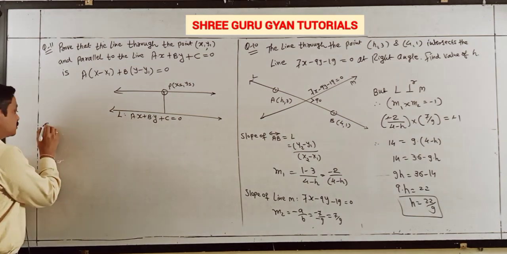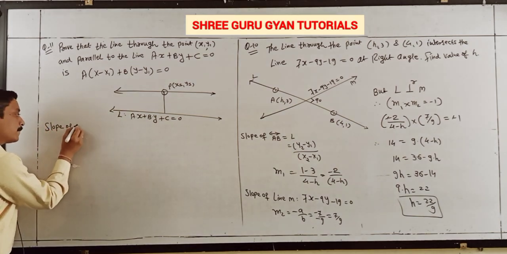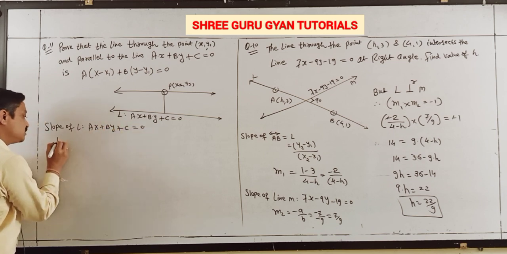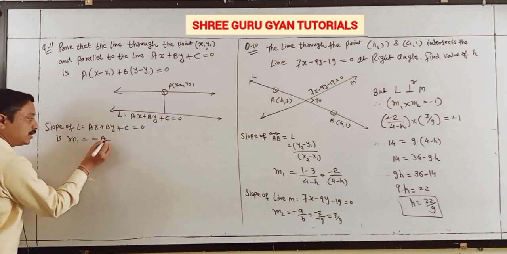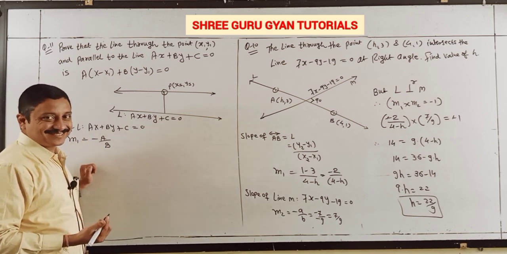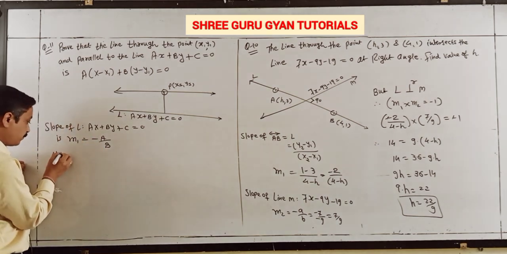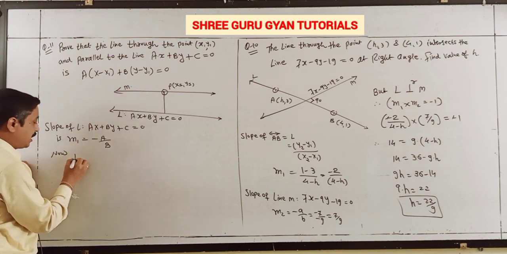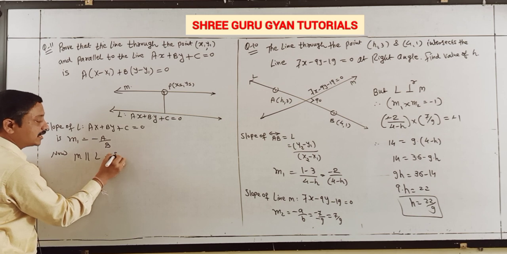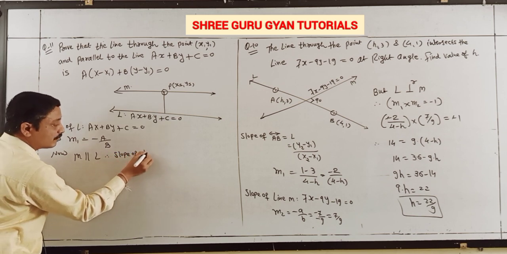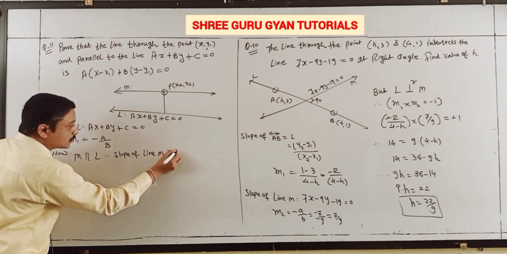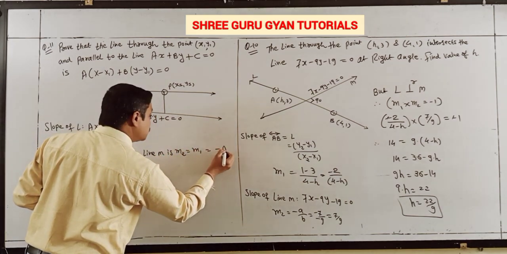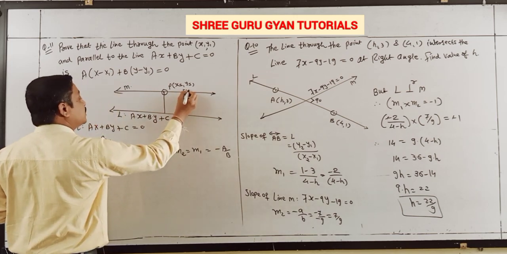So the slope of line L, by the known formula, is m1 equal to minus a by b. Now L is considered M. M is parallel to L, so the slope of line M, m2, is equal to m1, which is also minus a by b. The slope is ready.